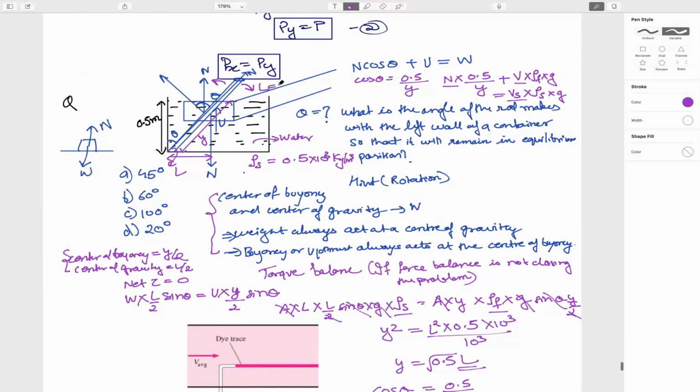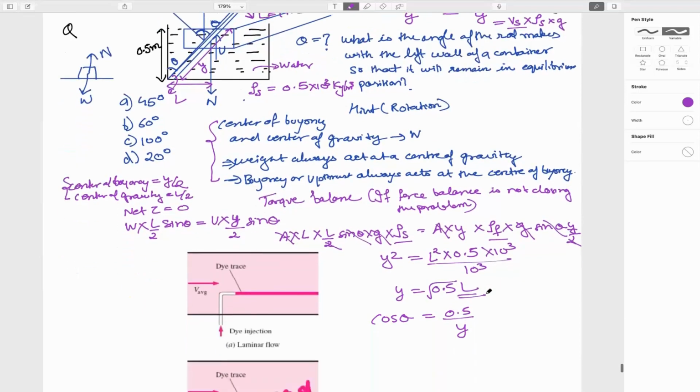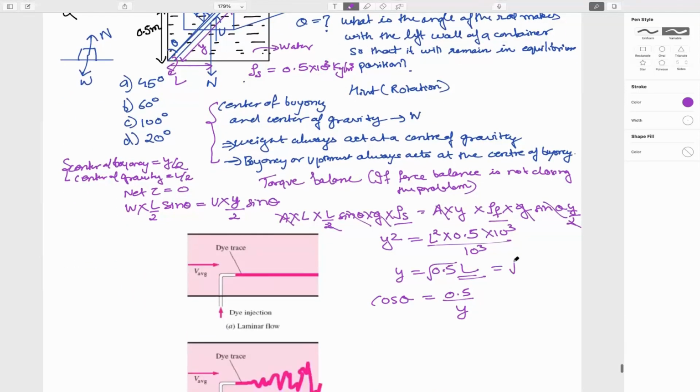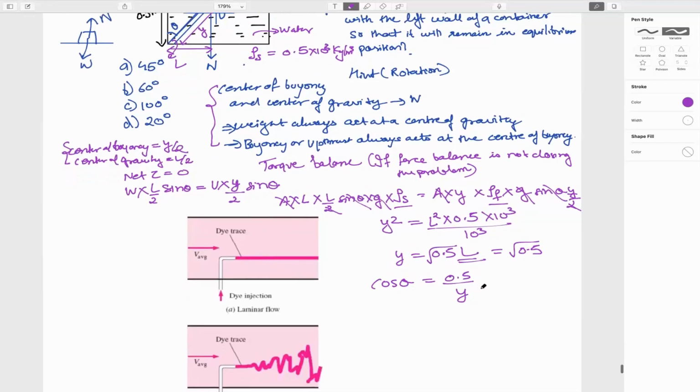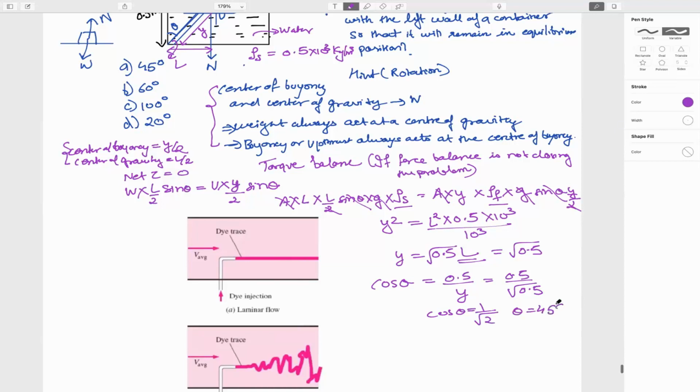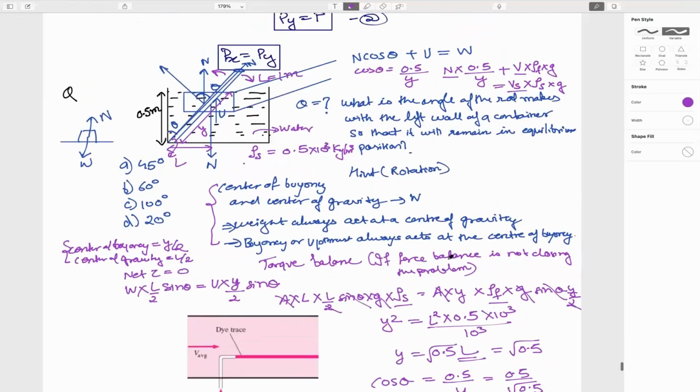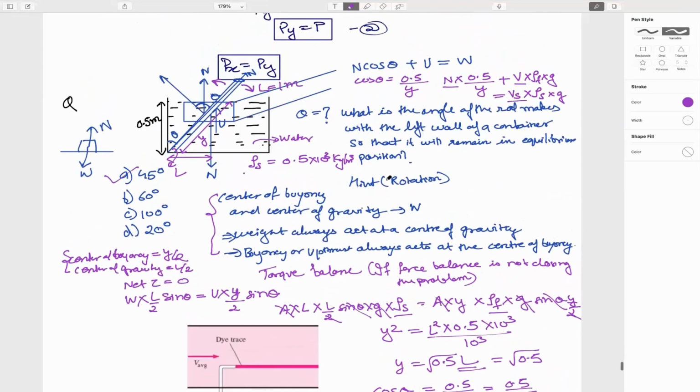The length is also given, 1 meter. So it comes out to be 0.5. So y is 0.5, so that is 0.5 divided by root of 0.5, and cos theta will become 1 by root 2. So theta comes out to be 45 degrees. Okay, so the correct option is this.